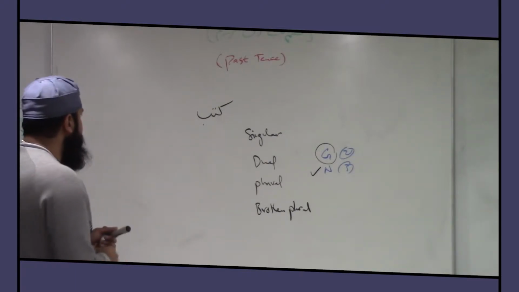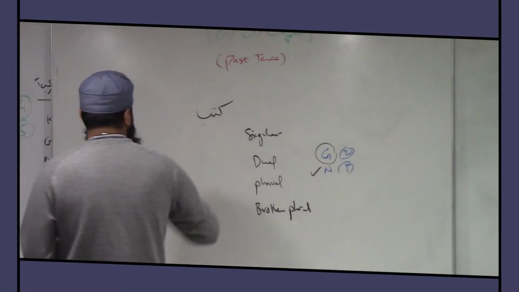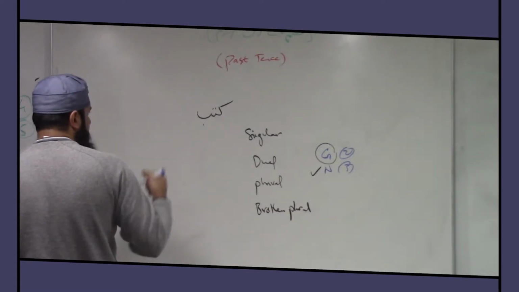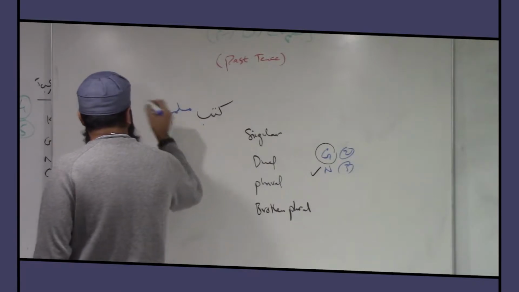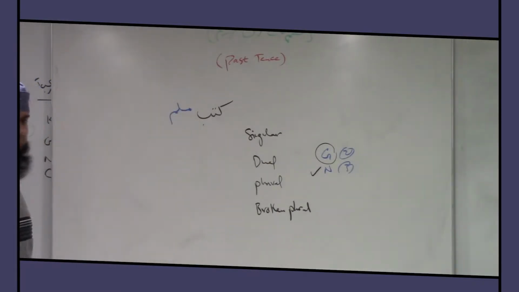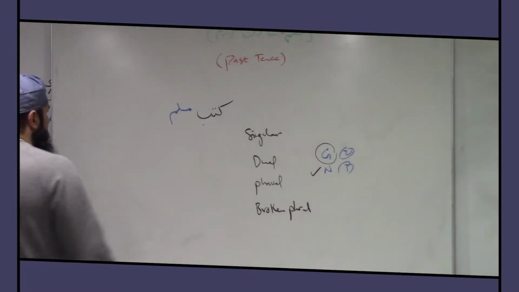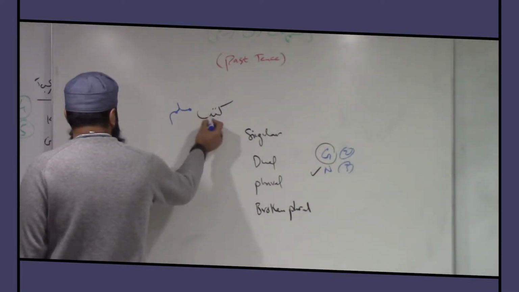So what you have is kataba here. Are you going to join what? Now here a noun. Let's do Muslimun. Kataba Muslimun. So what's going to happen when you join this one?